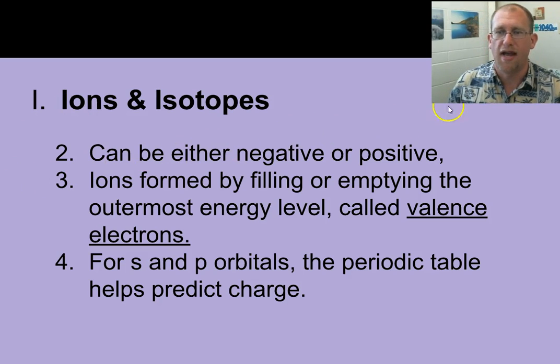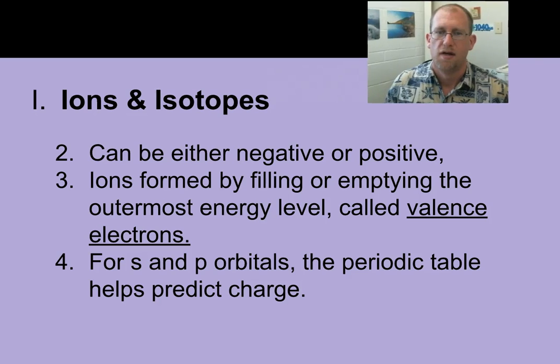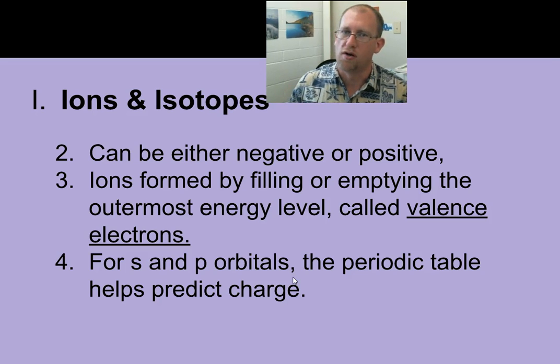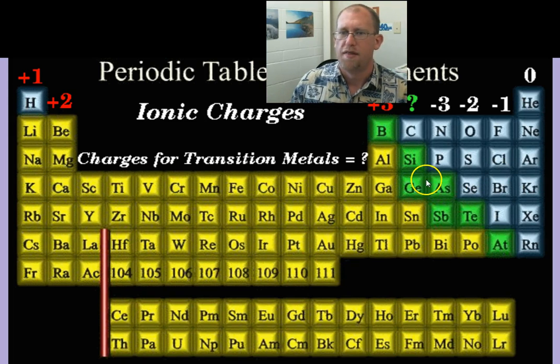When you look at s and p orbitals, the column that an element is in helps you predict the charge, right? Remember that the columns here represent electron configurations.